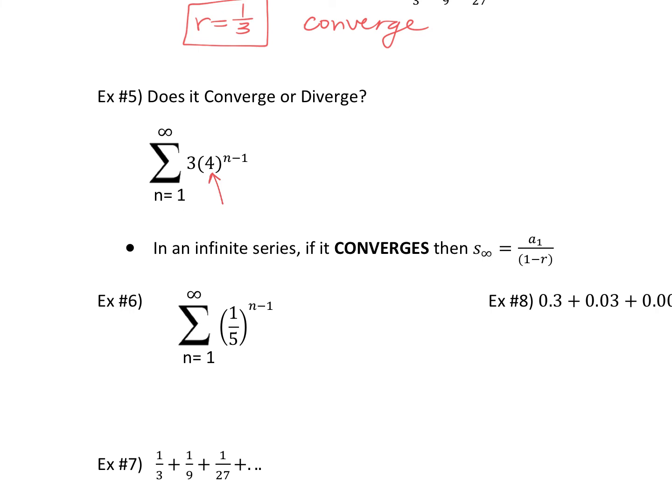That was one of our formulas. This is R. So is that going to converge or diverge? Diverge, right? If I'm multiplying something by 4 to some power over and over and over again, that's going to get huge. It's going to just keep growing, okay? So just remind yourself, all you need is the R. Look at the R, converge or diverge.